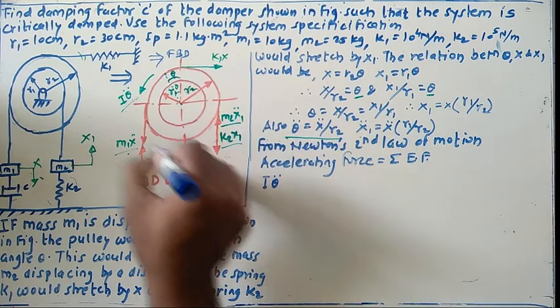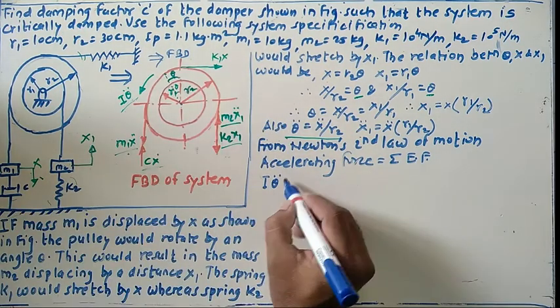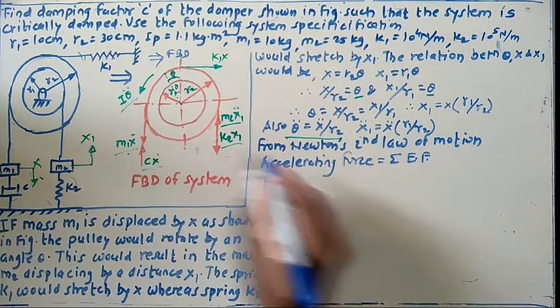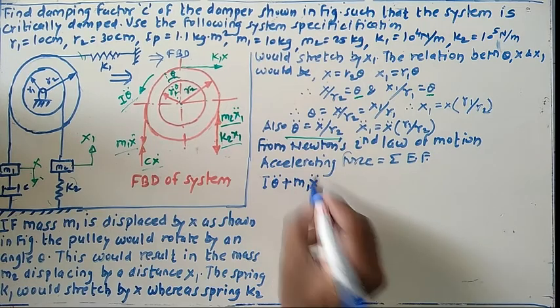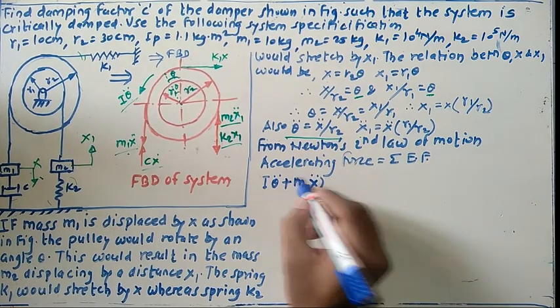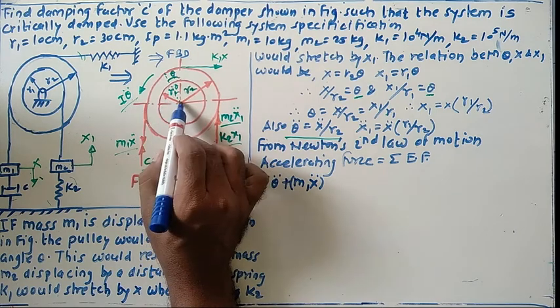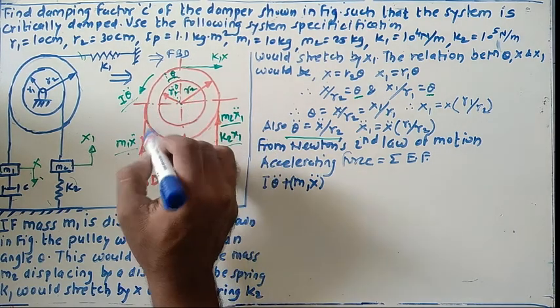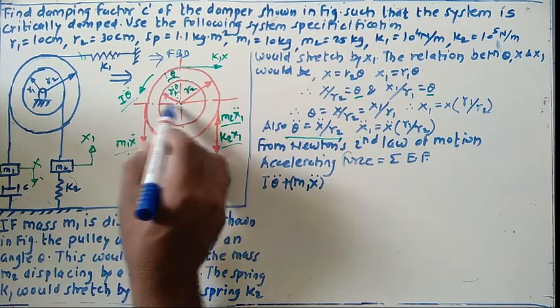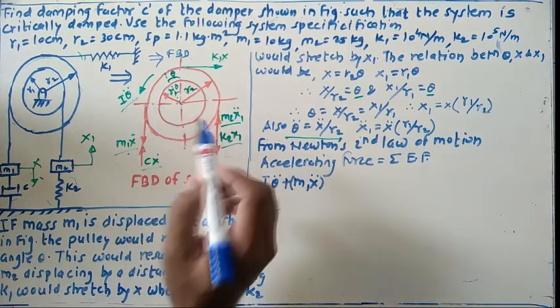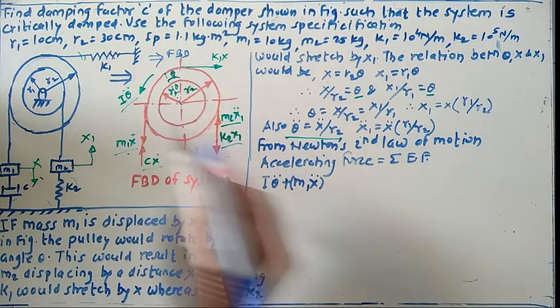So m1 into x double dot, the accelerating force, multiplied by the distance, the radius given here, r2.